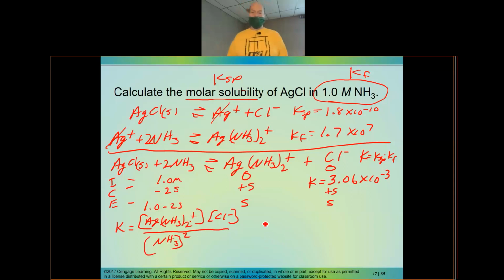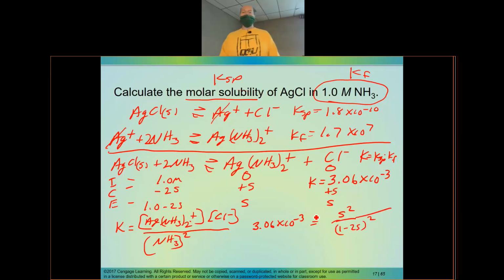And then you plug in your numbers. You've got your 3.06 times 10 to the minus 3, that's your K value. You have S, so you have S squared, and you have 1 minus 2S quantity squared.